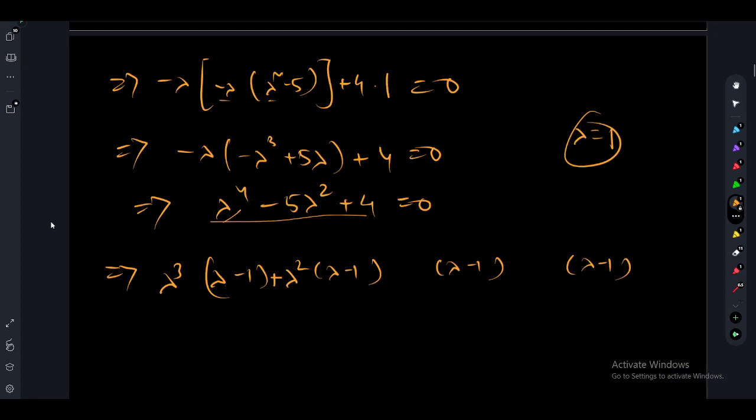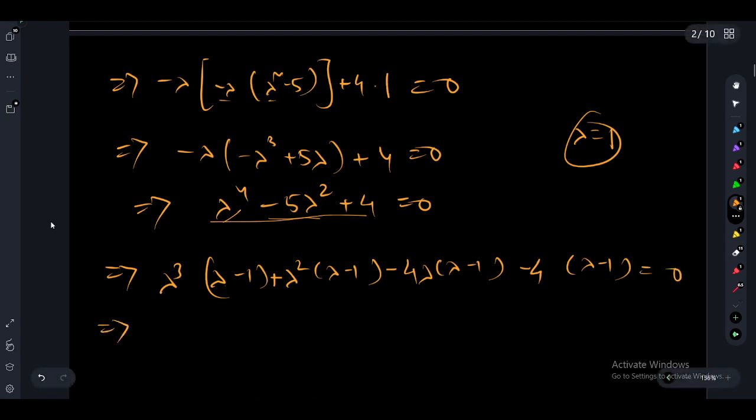Here we have minus lambda square, but we need minus 5 lambda square, so we take minus 4 lambda. And we have plus 4 lambda here, so we take minus 4 because there is no lambda in this equation, so this equals 0.